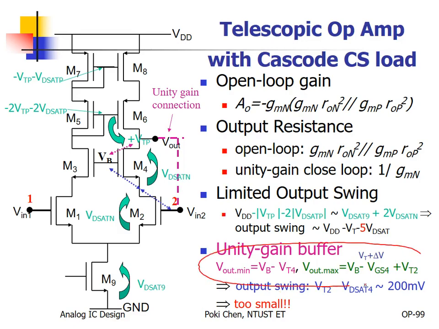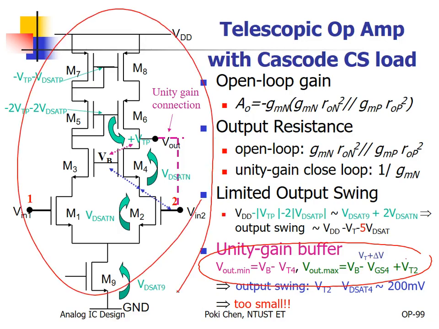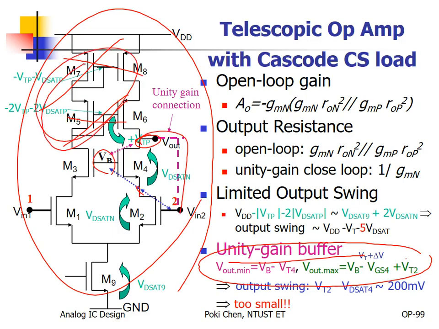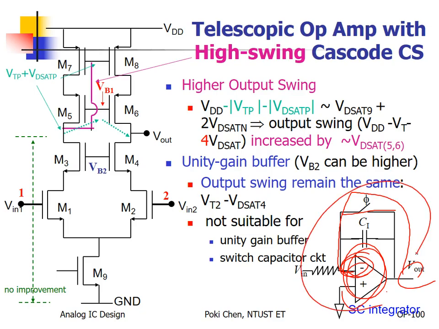Please try to remember during the estimation, for a unity gain buffer, we didn't touch here or there. We focus on this node, VB, and that node. So never mind whether you apply high swing cascode or not, you still have the same unity gain buffer. I mean for output swing, the output swing is really, really limited, for the best performance. Keep this in mind.